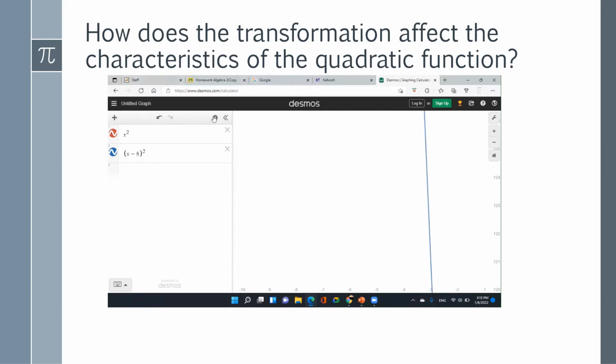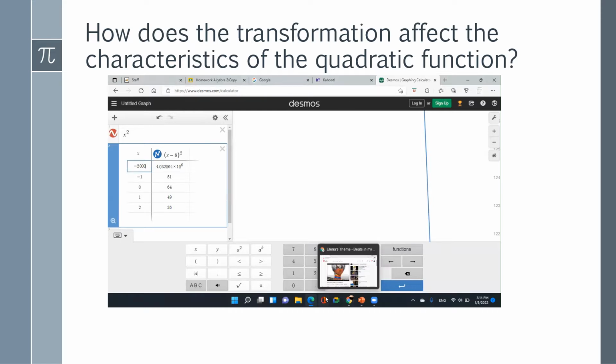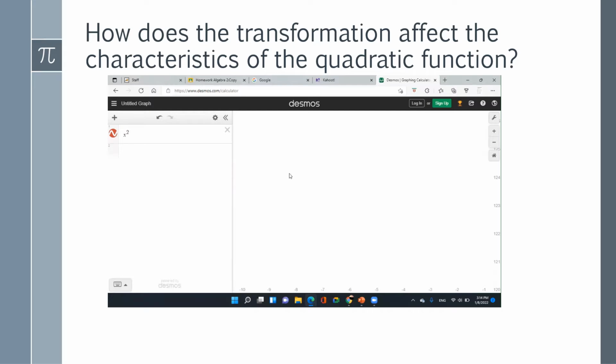So basically I answered the question about the domain and range and how K moves the graph up and down. But in this case, I talked about H, which moved right to left. In this case, it moved right. And as a result, it changes the intercepts, while the other characteristics remain the same. I think we're good here.